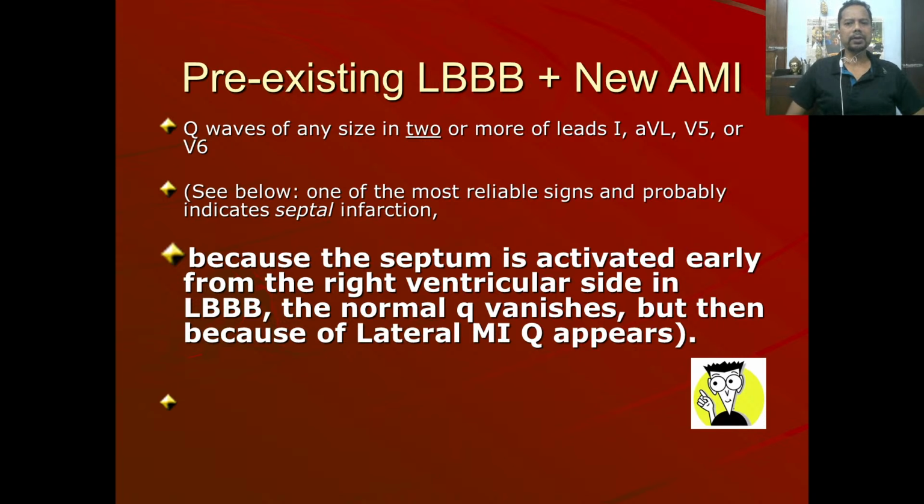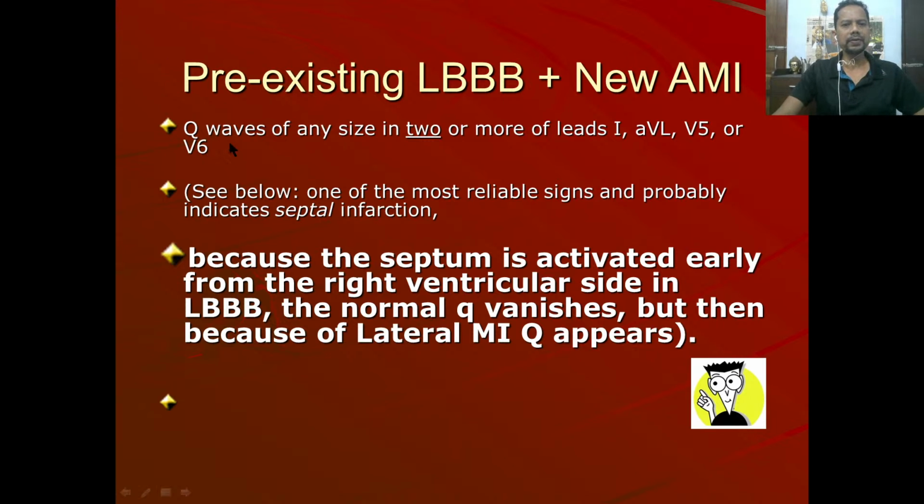So how will you diagnose acute MI in the LBB setting? These are a few points you should remember. You can come back and see these slides again and make notes, and if you make notes, you will think you have mastered Leo Schamroth and Goldman and Marriott and ECG Made Easy. This is cool stuff.